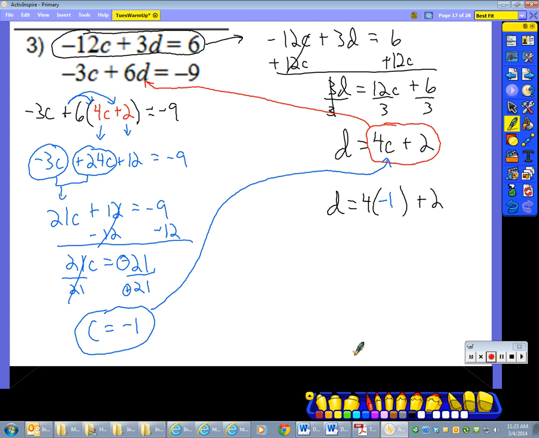Now I'm ready to solve this thing. We've got 4 times a negative 1 is going to equal a negative 4. And don't forget your plus 2 on the end. And d equals a negative 4, and a positive 2 is a negative 2. So here are my solutions. I've got c equals negative 1 and d equals negative 2.